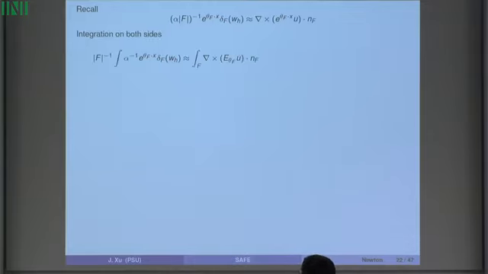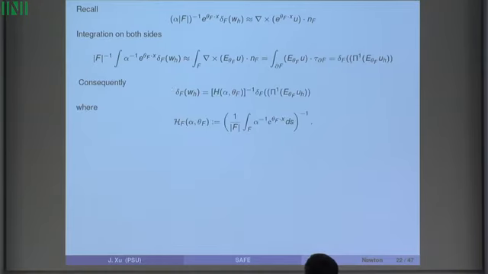I'm going to integrate on both sides. In this case, if you do the Stokes theorem, it comes to things on the boundary. You can put interpolation here, or you don't have to, but it's the things on the boundary.